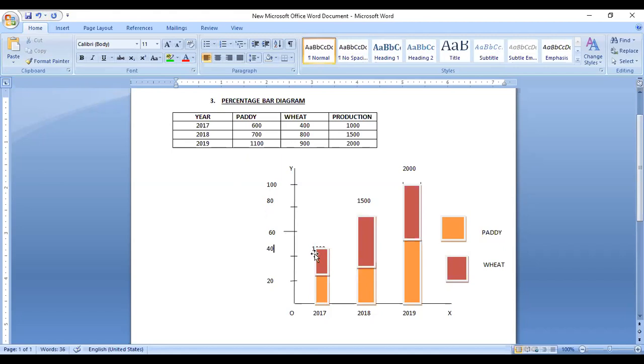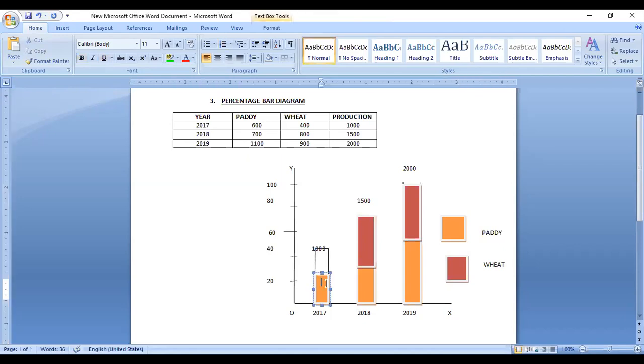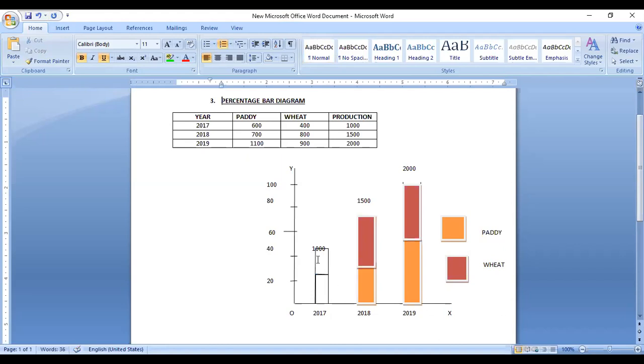Now see, I am changing. Already these bars are there.